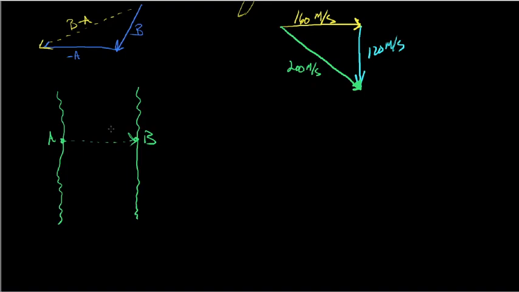The river flows, and the river has a motion to itself of 4 meters per second. Now your boat has a velocity equal to 5 meters per second.